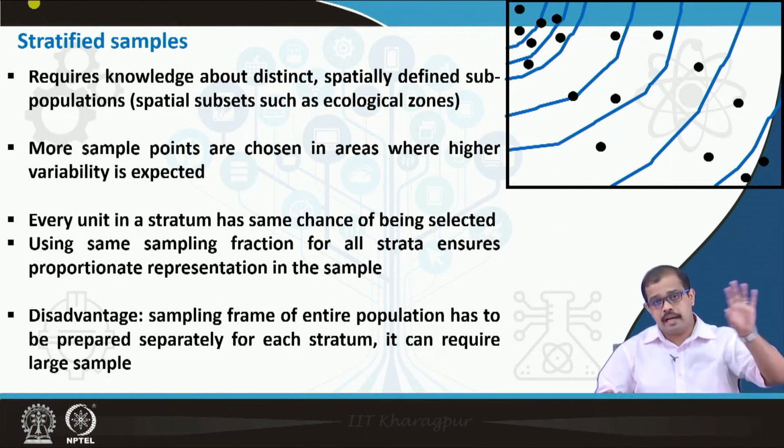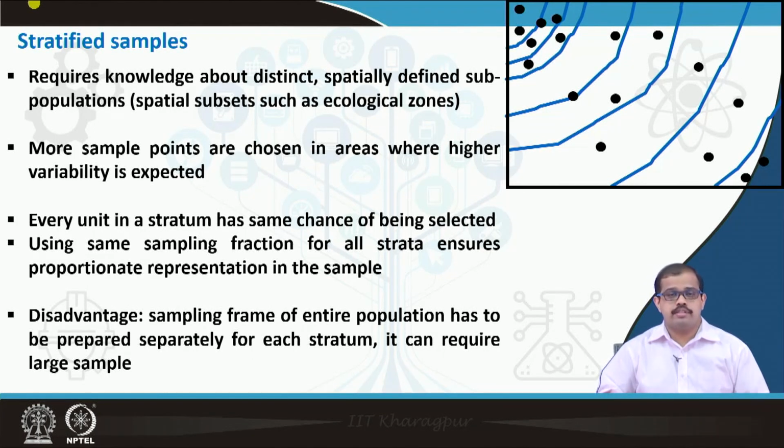Now that bias, which was there in strategic sampling, is removed. But in stratified sampling, the main disadvantage is that the sampling frame of the entire population has to be prepared separately for each stratum. That is a time-consuming task, but if done, you can get extremely good sampling points all across your region.